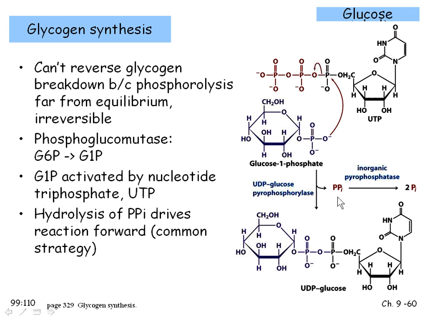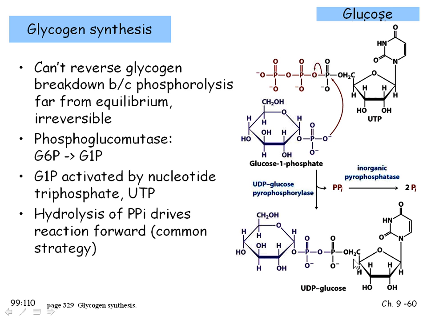When this is released by the pyrophosphorylase, you end up with another enzyme that splits it into 2 inorganic phosphates. This is a very strongly favored reaction. And so by throwing away the high energy bond in there, that provides the driving force to make the glucose 1-phosphate into this monster, UDP glucose.